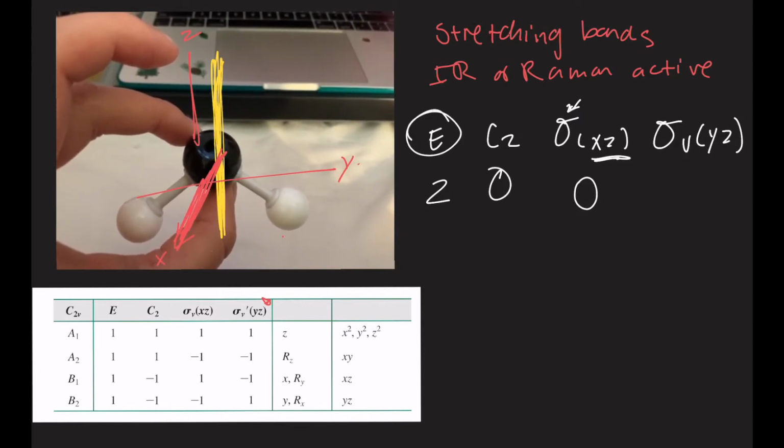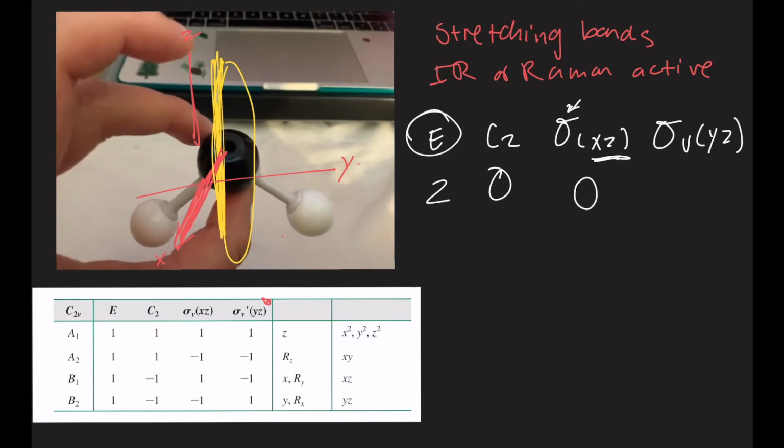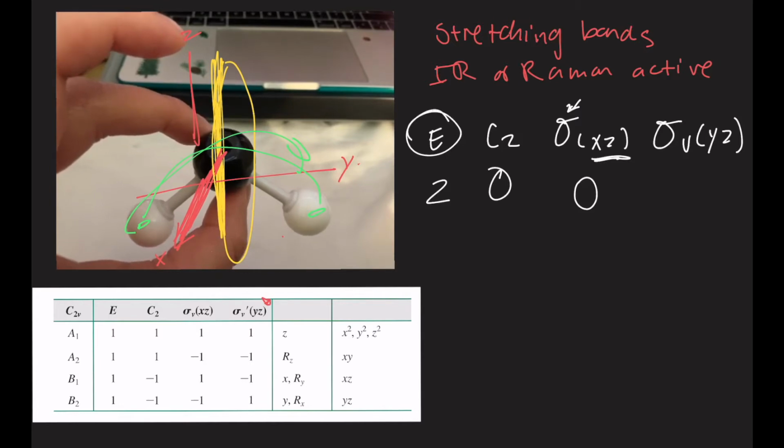So it goes all around the molecule. You're watching these interchange in the reflection, and that's why we have a 0 right here.